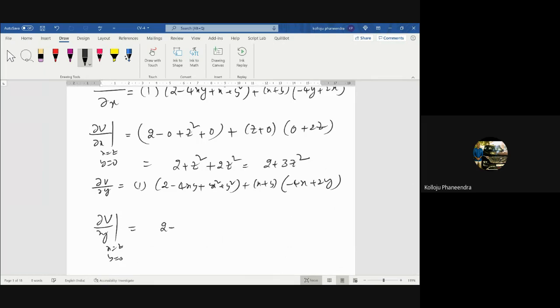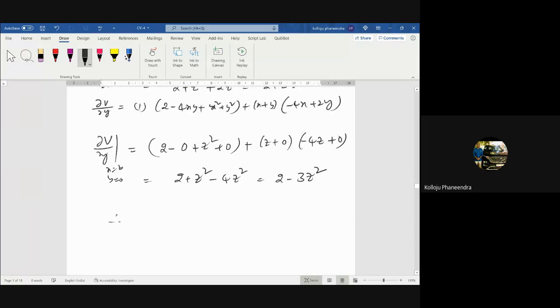This is 2 minus 0 plus z square plus 0, plus z plus 0 into minus 4z plus 0. So this is 2 plus z square minus 4z square, that is 2 minus 3z square.